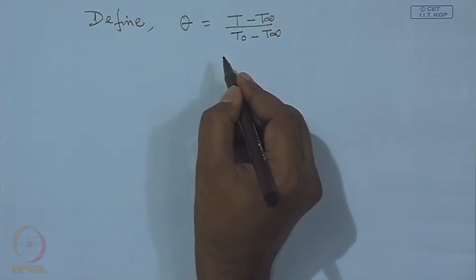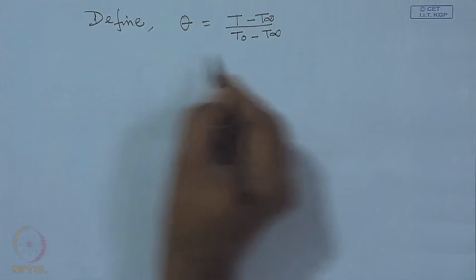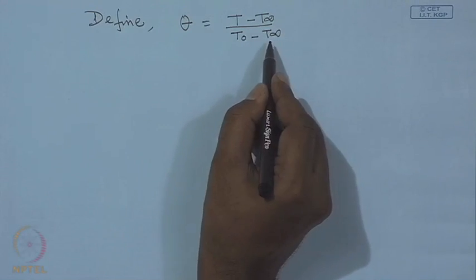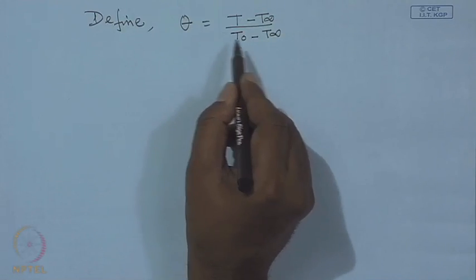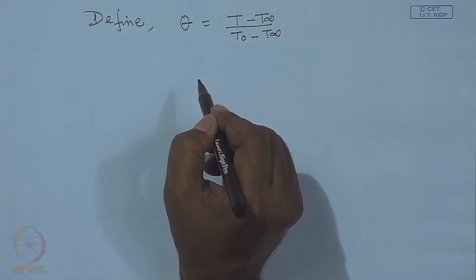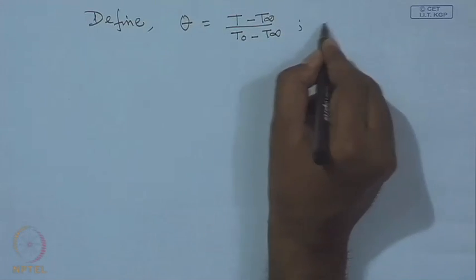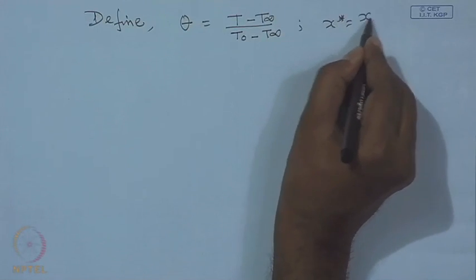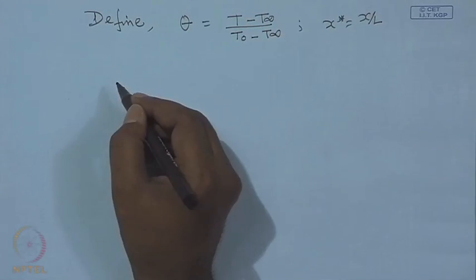It does not matter whether you write T0 minus T infinity or T1 minus T infinity, but the idea is that theta has to be equal to 0 at one of the boundaries. And of course, x star is x upon L, where L is the length of the plate in the x direction.